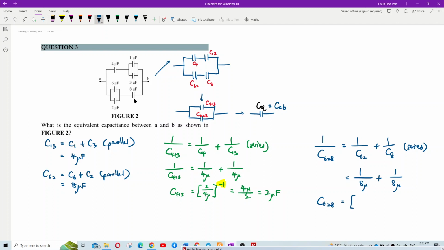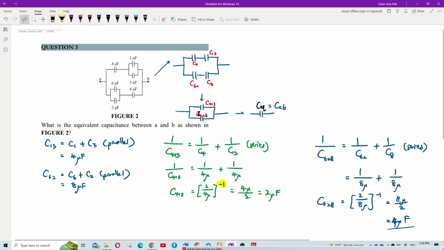You get 2 over 8 micro, invert it, so it becomes 8 micro over 2, which is 4 microfarad.